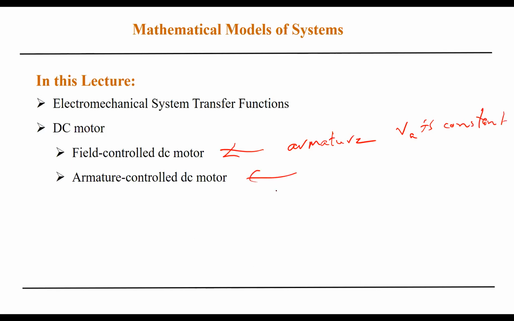And in the other one, the field voltage is constant. So the control will be from the armature in this case.